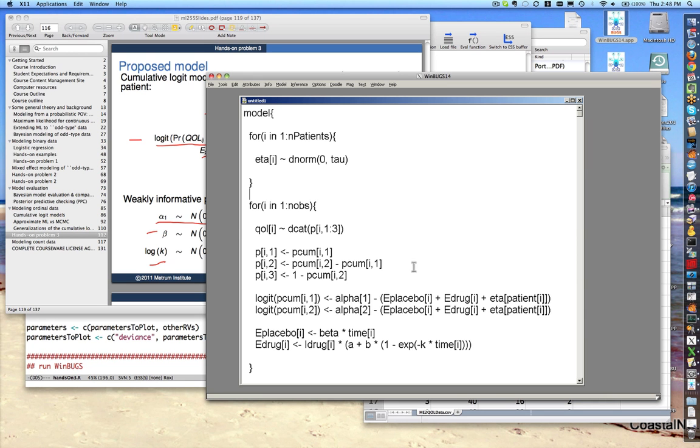Okay, now that's the core model right there. You've got your basic likelihood for your quality of life written in terms of cumulative probabilities. We've got our random effect in here, which ties into our individual observations down here, where we've called it here using our index or our nested indexes.